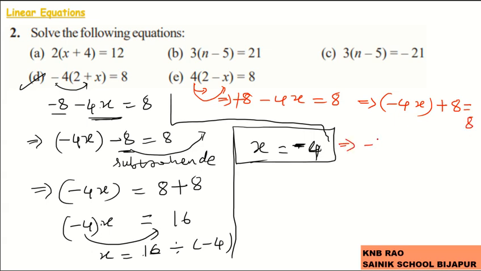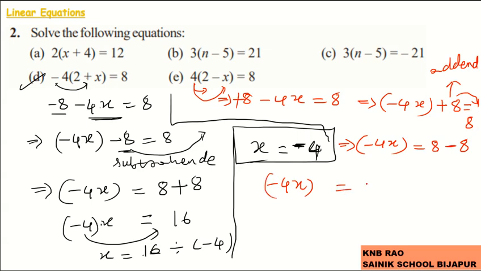Now minus 4x, here this 4 is addend. This addend, if it is transposed to the other side of equality, becomes subtrahend. So the already existing 8 minus this 8 gives us minus 4x equals 0. 8 minus 8 is 0. Now here minus 4 is multiplying.